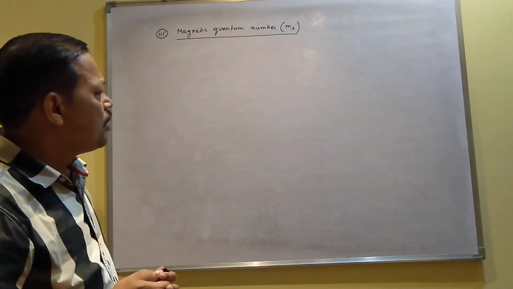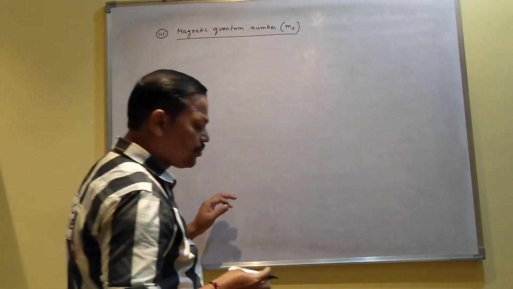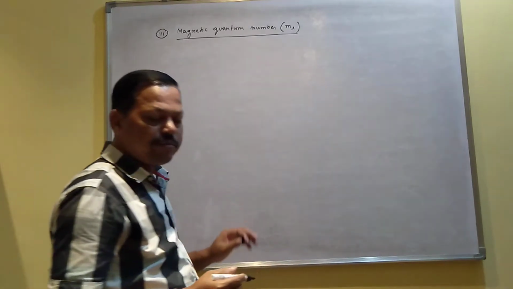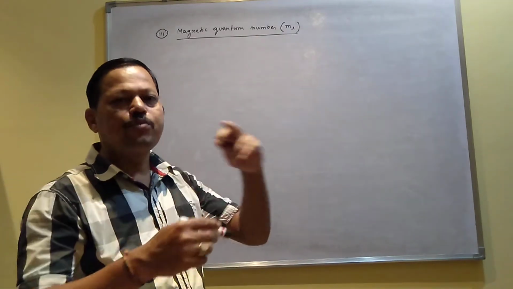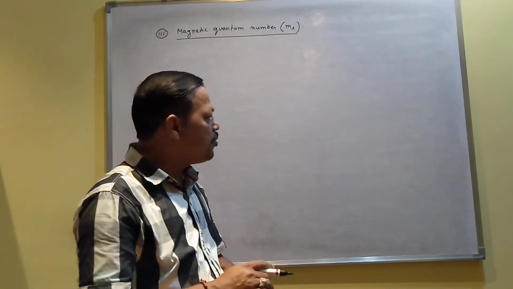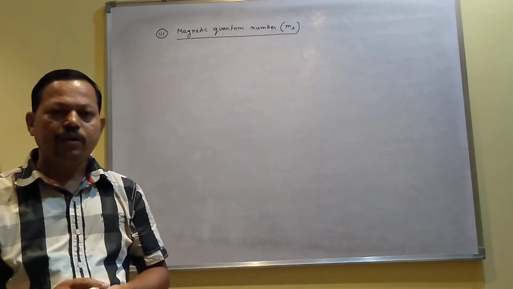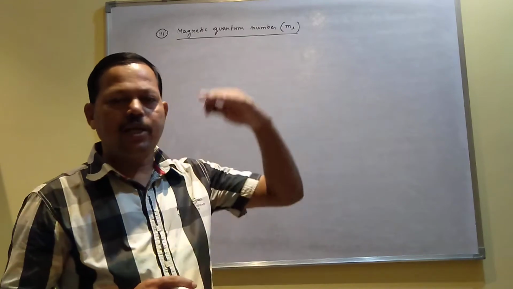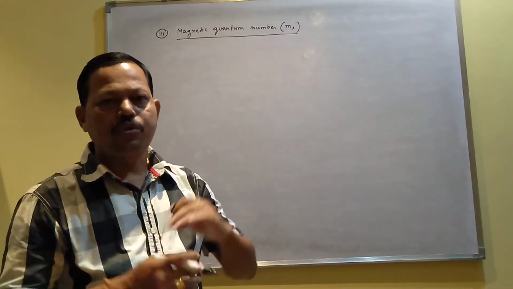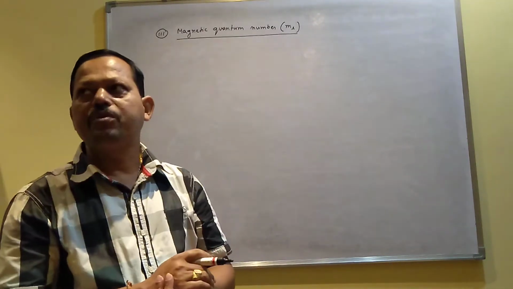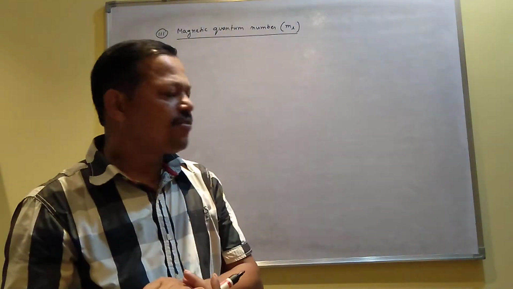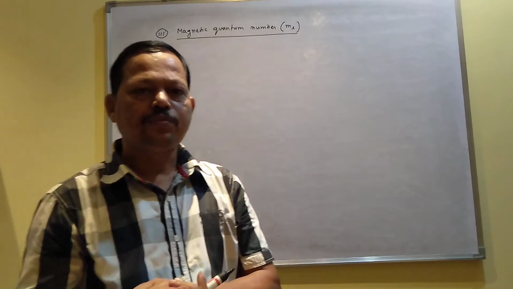Actually, when an electron is moving in an orbital motion around the nucleus, it generates an electric field. Because the electron is negative and the nucleus is positive, when it revolves around the nucleus it produces an electric field, and this electric field in turn produces a magnetic field.